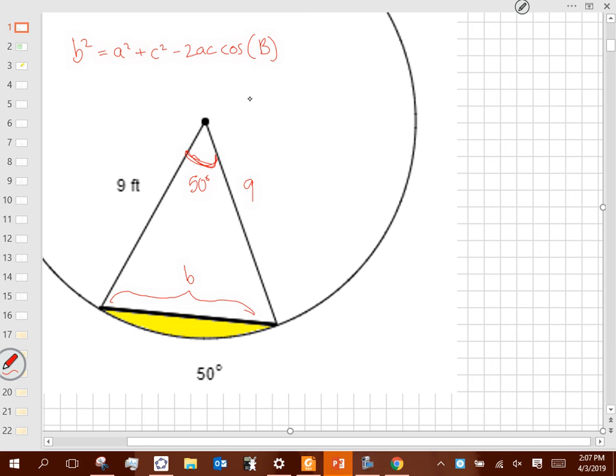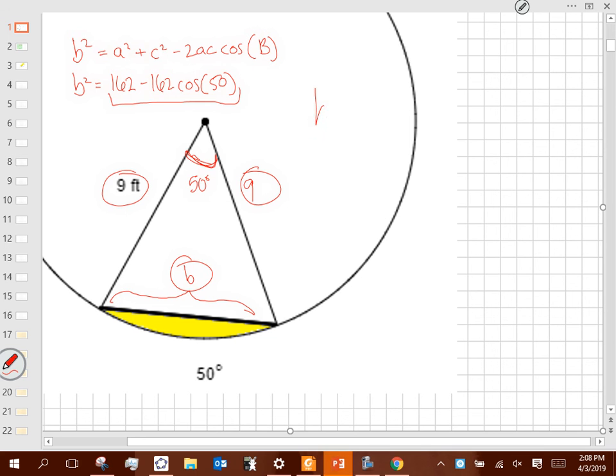Remember the law of cosine? We could do that. I want to see if we get the same answer here. B squared is A squared plus C squared. What's A squared going to be? 81. C squared is going to be 81, so that's 162, right? Minus 2 times A times C, well, that's another 162, isn't it? Cosine then of 50.